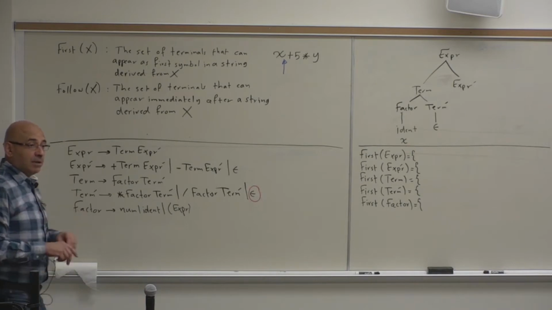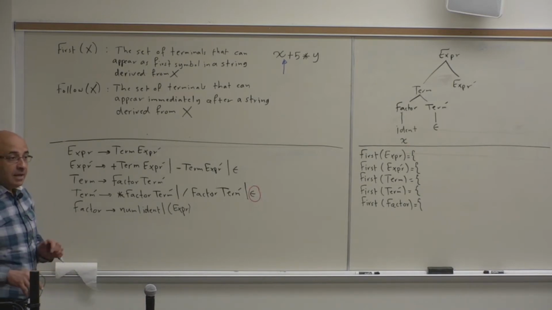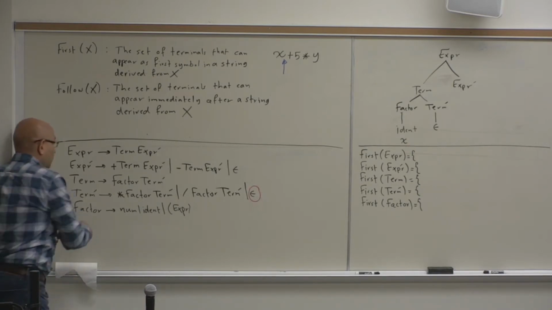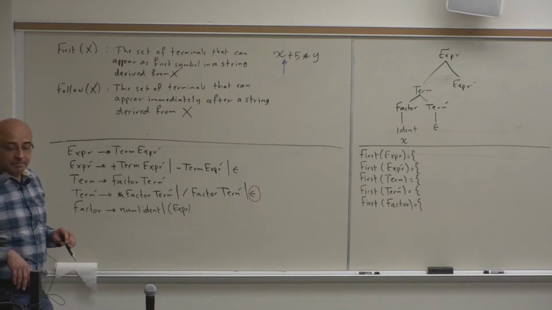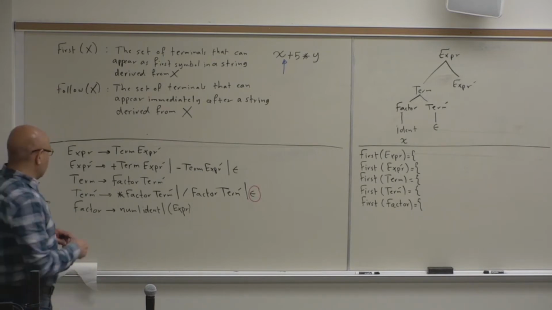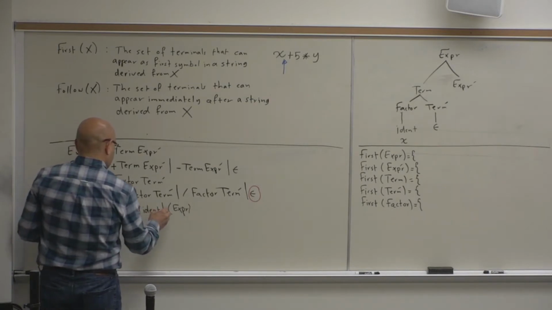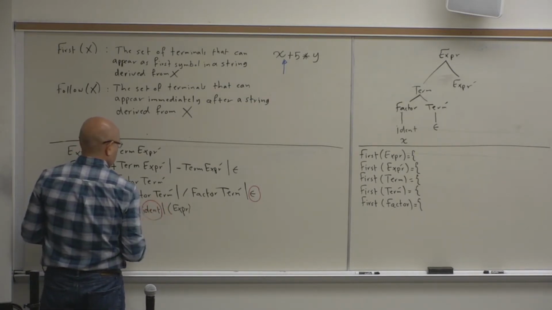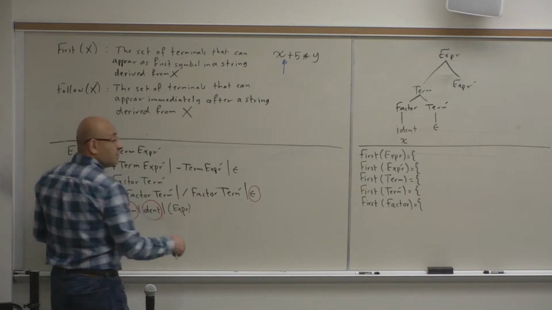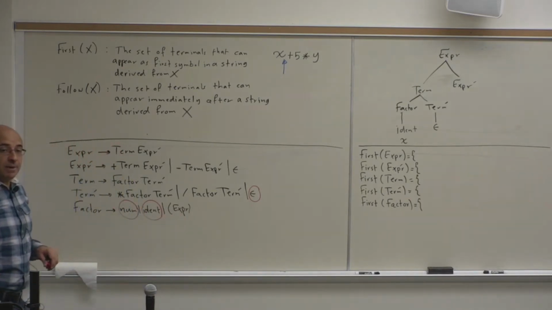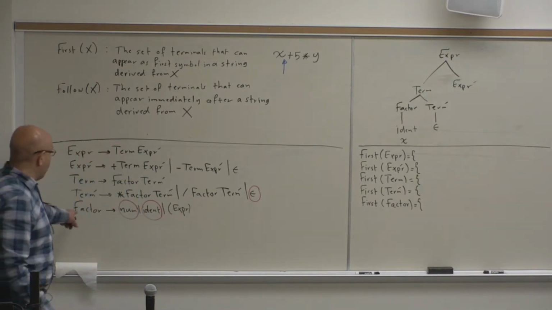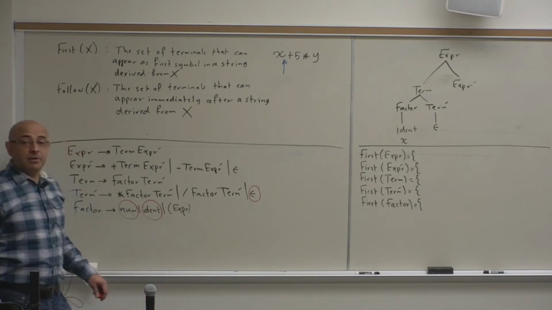What are the terminals that can appear in a string derived from factor? Well, number is a terminal. Identifier is a terminal. And if we substitute expression between parentheses for a factor, what will be the first symbol?